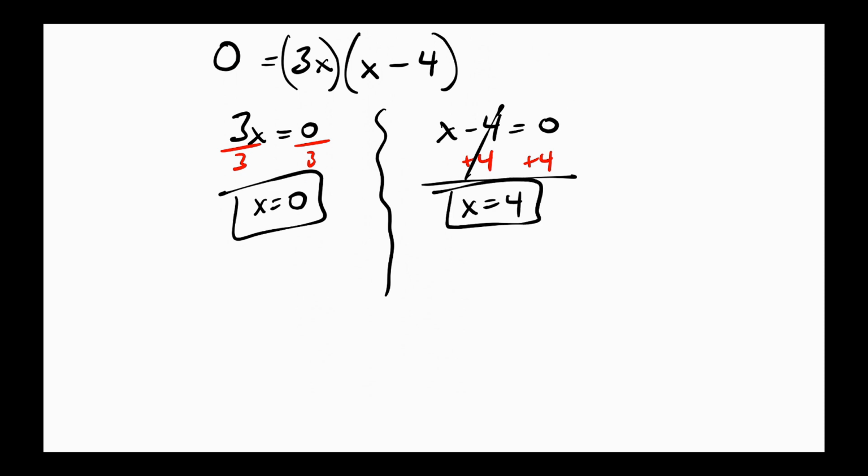There are my critical values. So these are your critical values or critical points or critical numbers. However you want to call them, they're all the same. Those are my critical values. So at 0 and at 4, there has to be a maximum or minimum.